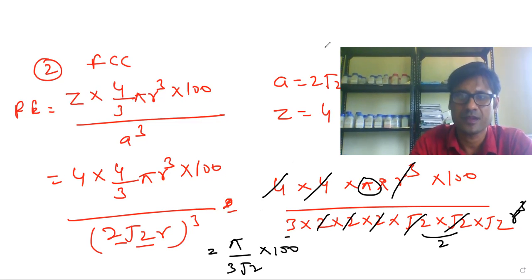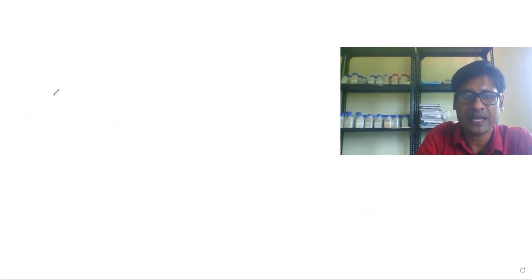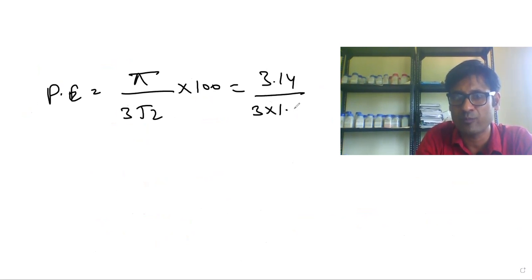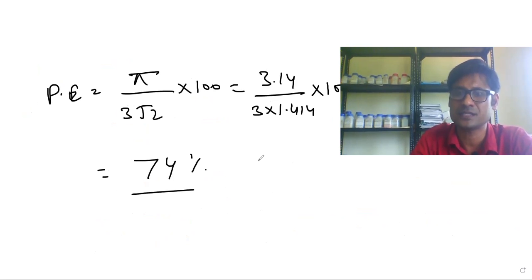Clear? Then packing efficiency is equal to pi upon 3 root 2 into 100, is equal to 3.14 upon 3 into 1.414 into 100, is equal to 74%, which is the answer in case of FCC.